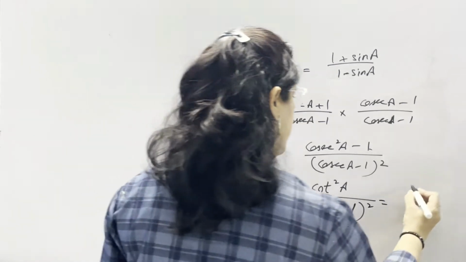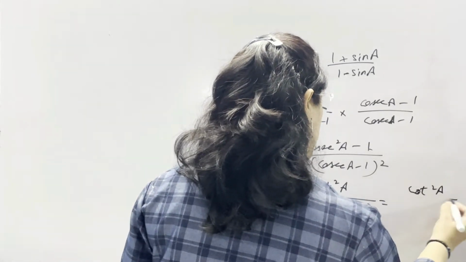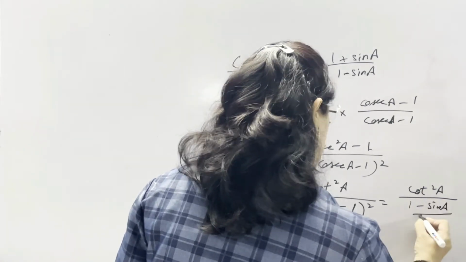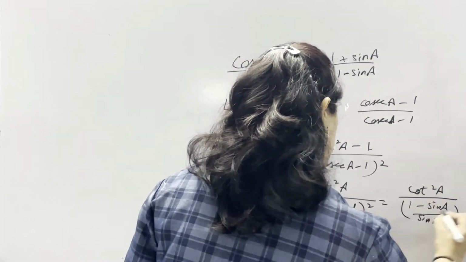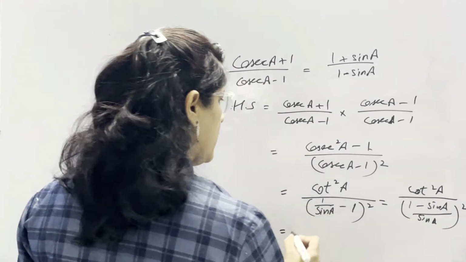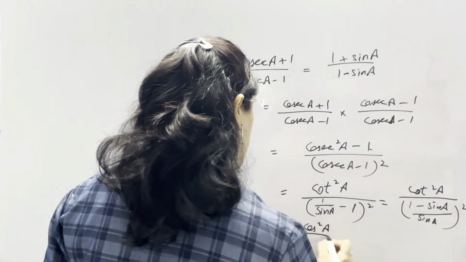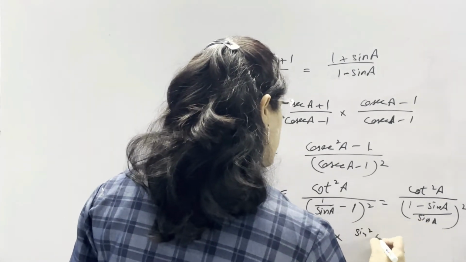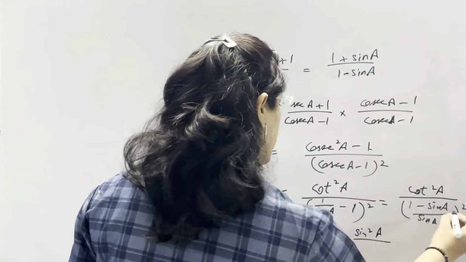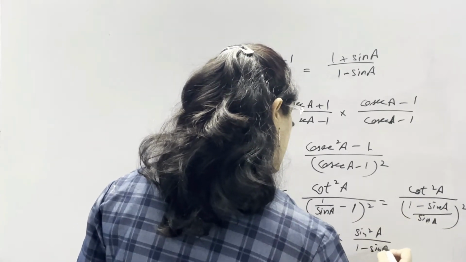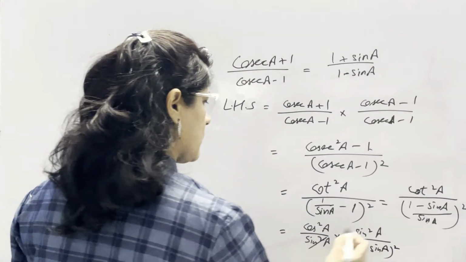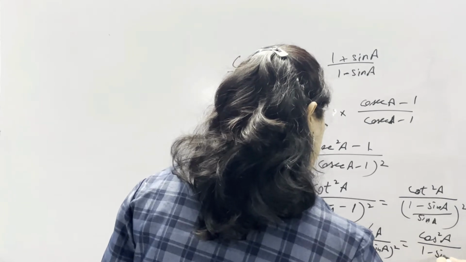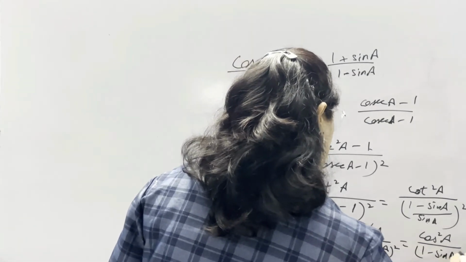Now cot square A in the numerator and in the denominator 1 minus sin A and in the LCM sin A and then square. Now cot square is cos square upon sin square, and here this sin square A goes to the numerator and 1 minus sin A whole square. Now sin square cancels, cos square A upon 1 minus sin A whole square.